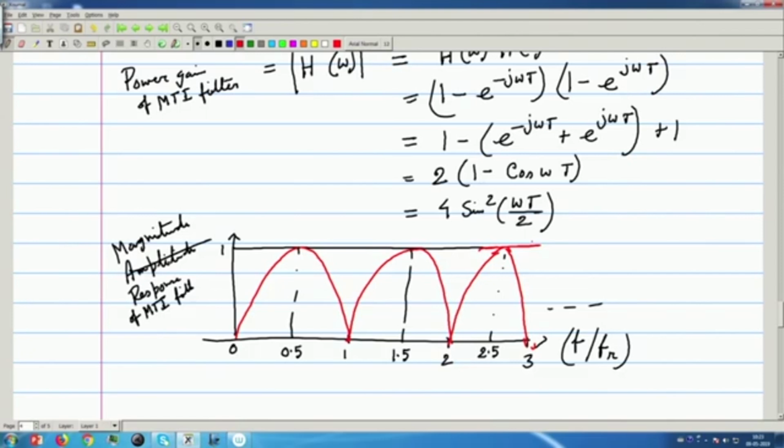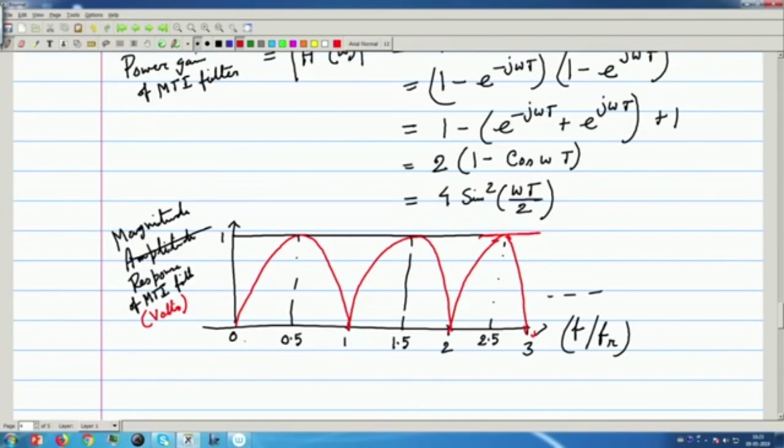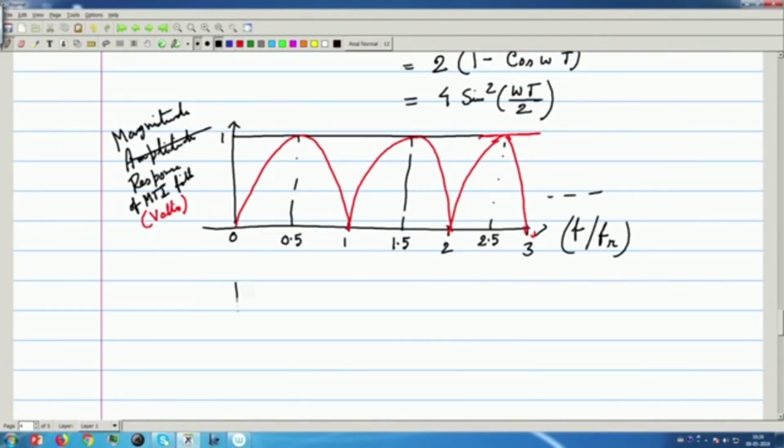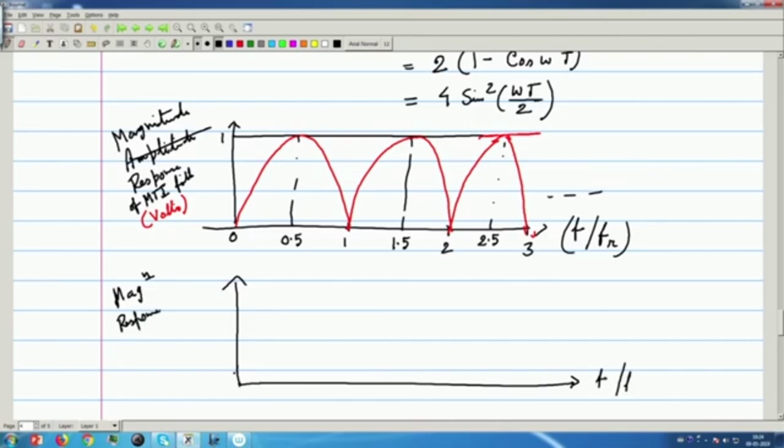so this will be the magnitude response in volts. The power relation will be the square of these, and typically this magnitude response is also plotted in the dB scale. So, we can do that: magnitude response versus f by fr.